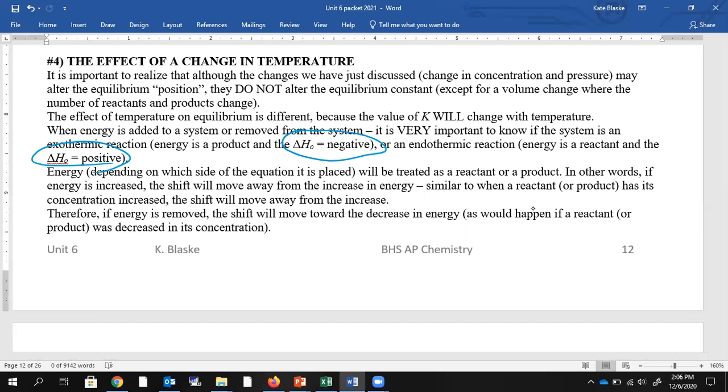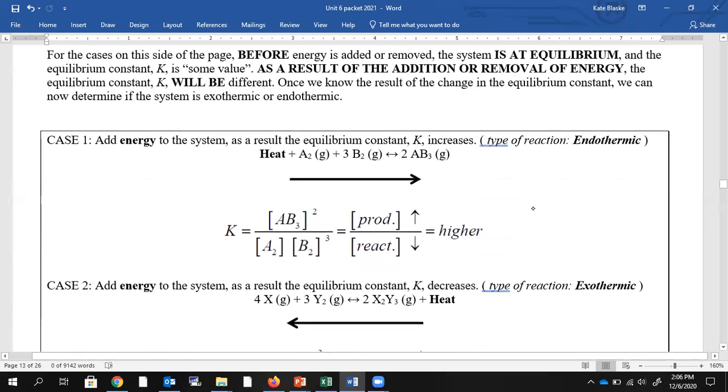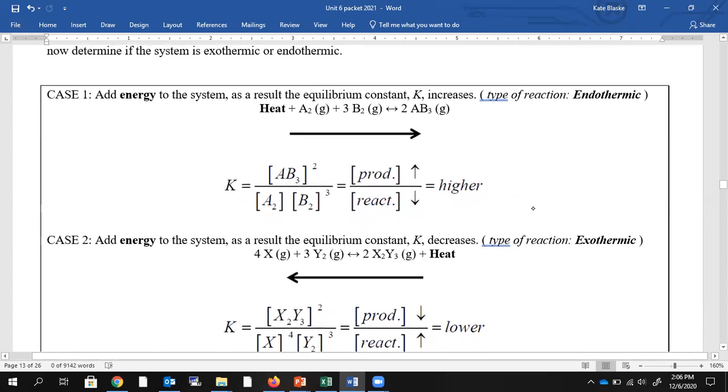So if we think of energy as a product for an exothermic reaction, or as a reactant, something that's going into that reaction, for an endothermic reaction, we can follow our same rules about reactions shifting away from additions and towards removals. But it's just going to matter which type of reaction I have, whether it's an endothermic reaction or an exothermic reaction.